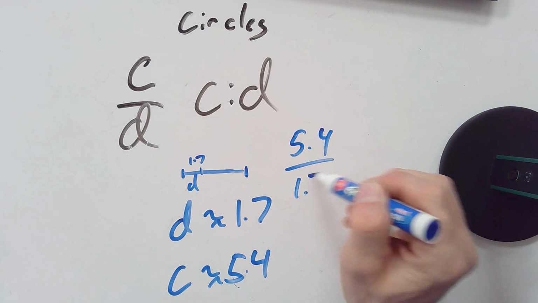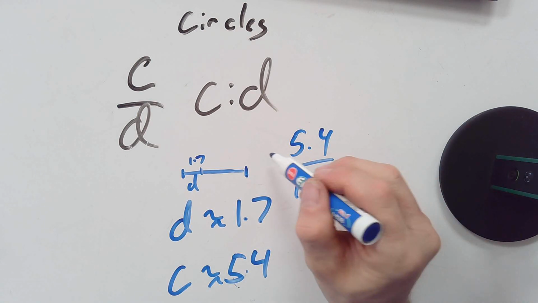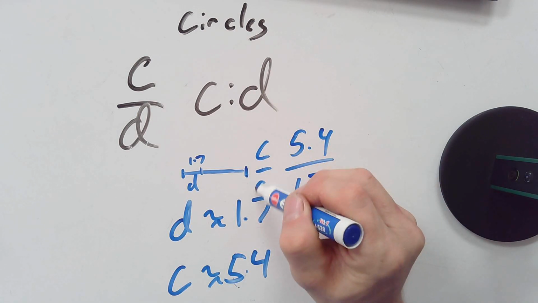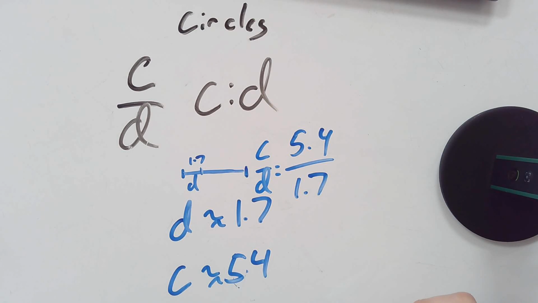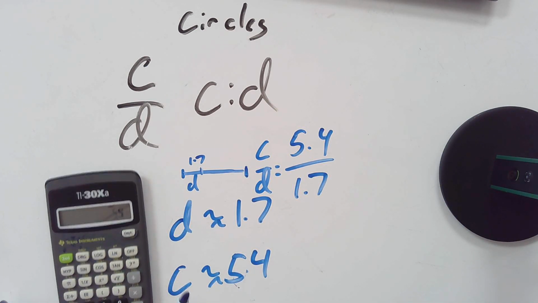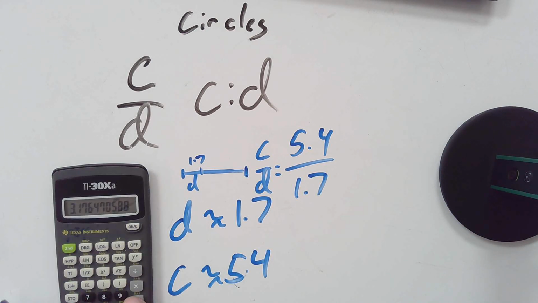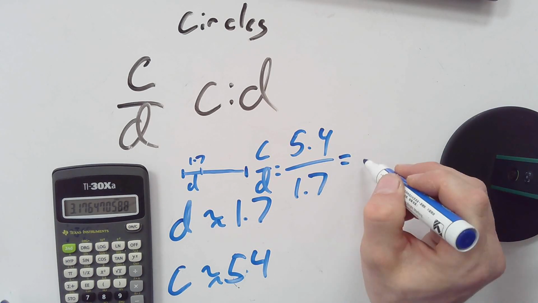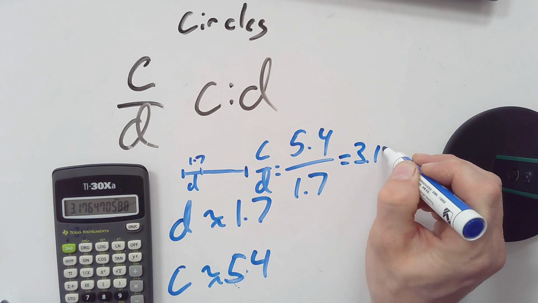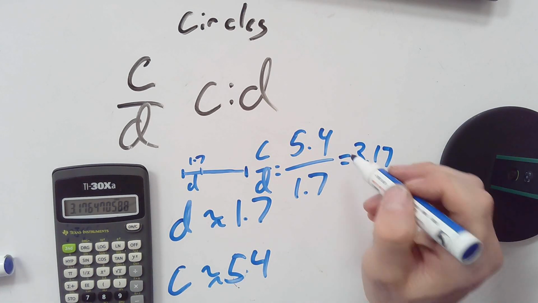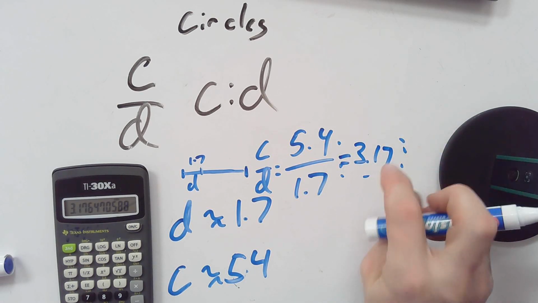That is my circumference to diameter ratio. If I put that in the calculator and I go 5.4 divided by 1.7, I get like 3.17. Okay, that's measuring it, 3.18 maybe.